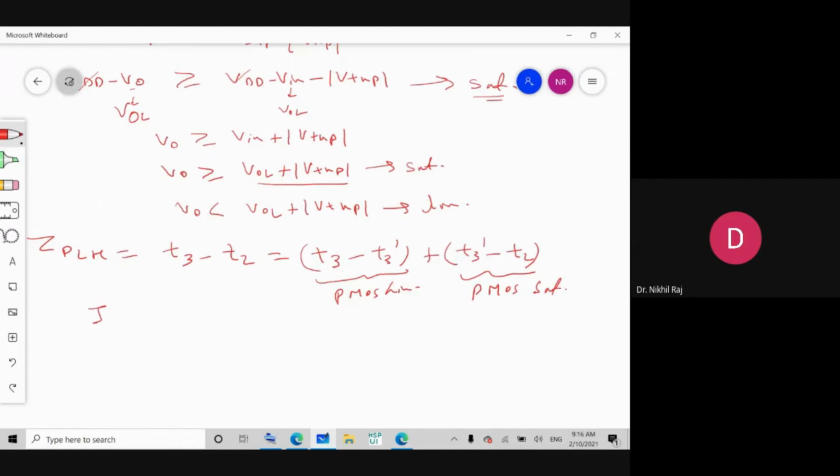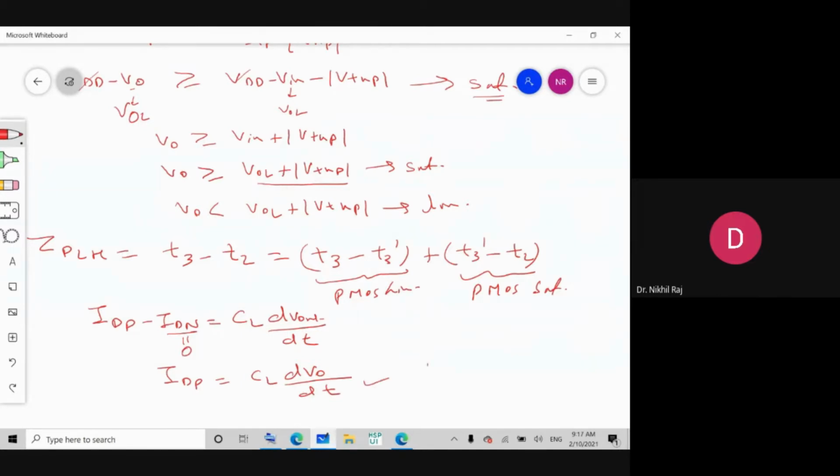Also we know this equation, if you recall, IDP minus IDN was equal to CL dV out by dt. Now in this case, PMOS is on and NMOS is off, so IDN is 0. So we can write ID of P equals CL into dV out by dt.